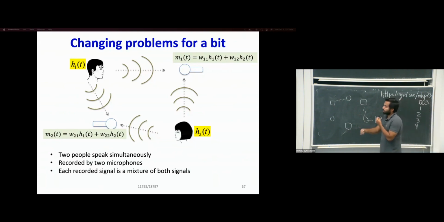The cocktail party problem is that we have a combo of people speaking, M1 and M2, at each microphone. We want to find the weights that split them up as much as possible. So H1^T, H2^T are like X and Y in a linear system of equations, and the W's are the coefficients. So it's like a linear system of equations.